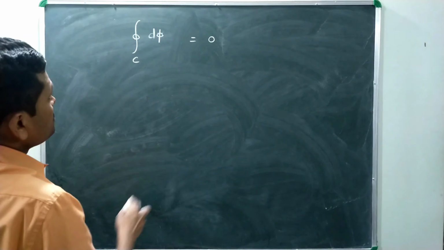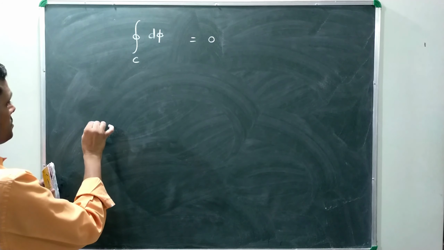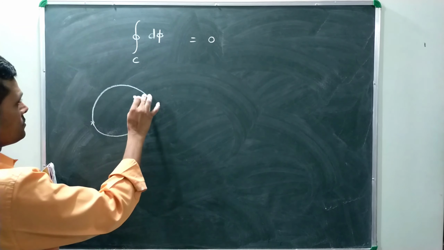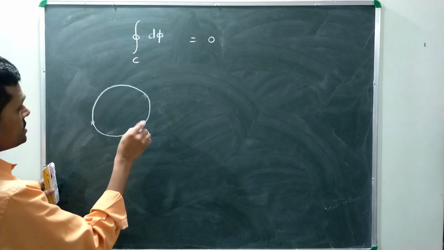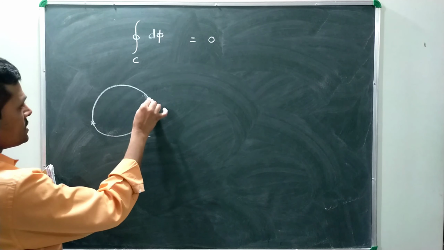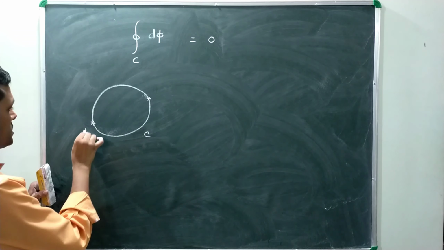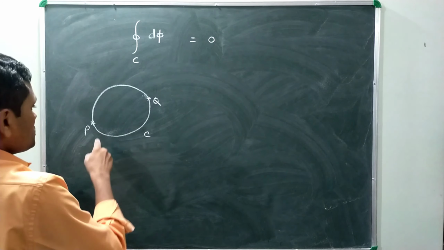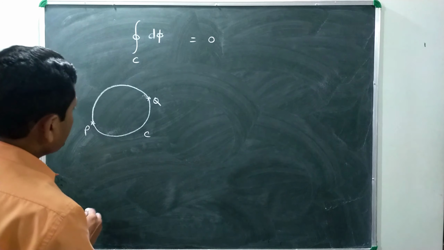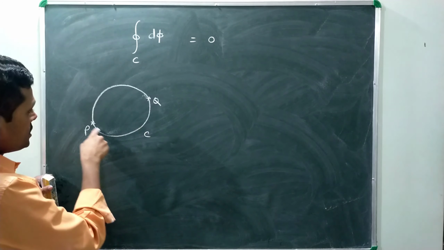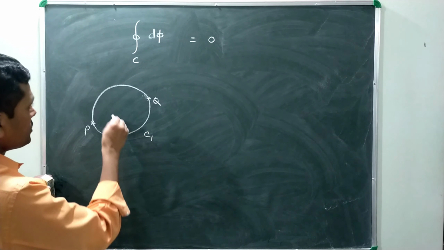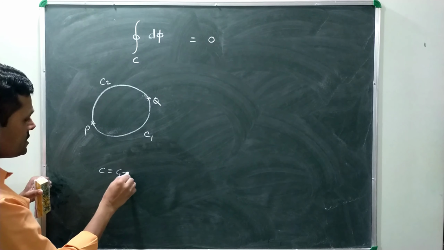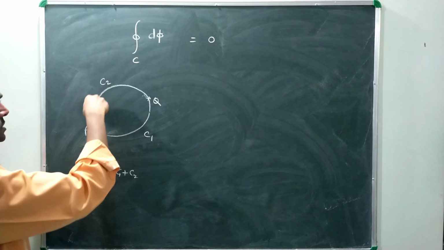Now how is this 0? We may see this thing very easily. Say our curve is this one. This is your curve C. Now let us take any 2 points on this curve. Say this point is P and this point is Q. So if we write this part of curve as C1 and this part of curve as C2, then C is the combination of these two, C1 plus C2.